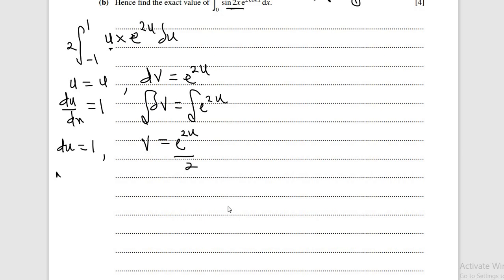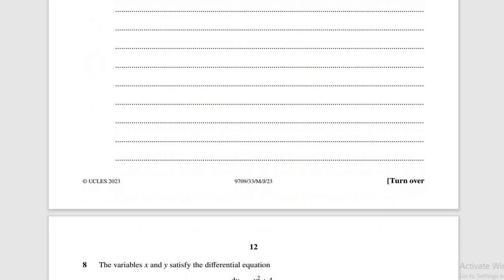Let me just give you the constant. If you have forgotten, when you integrate e raised to power kx, it's going to give you e raised to power kx over k. That's it. Now, substituting this in the by-parts formula, let me see this space. It should be enough.